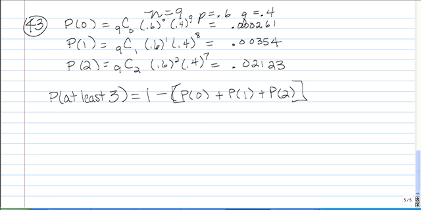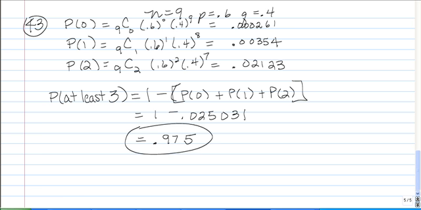So I want to add these together. And I'm getting, if I didn't make any errors, 0.025031. So I want to take 1 minus that, and I'm getting 0.975 if I round it to the nearest thousandth.